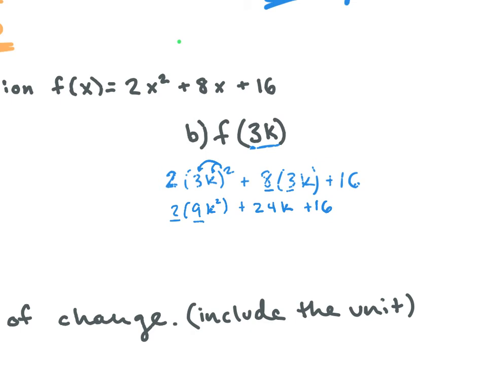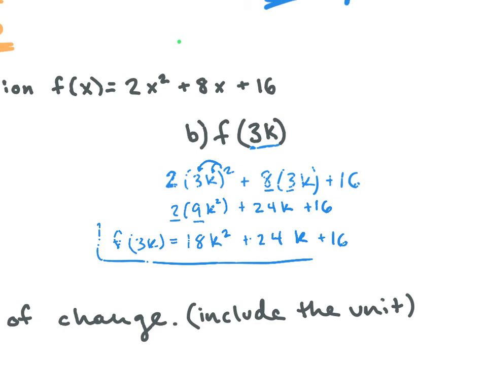So this is 18k squared plus 24k plus 16. We don't have any like terms here, so this is our answer. This is f of 3k. So f of 3k is equal to 18k squared plus 24k plus 16.